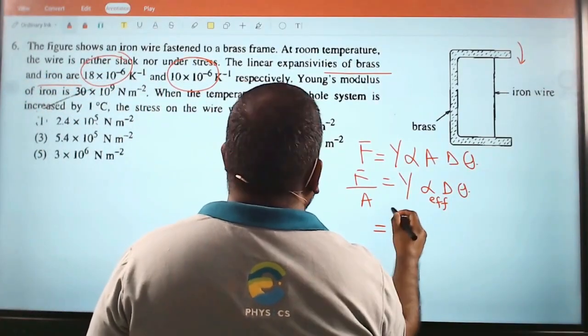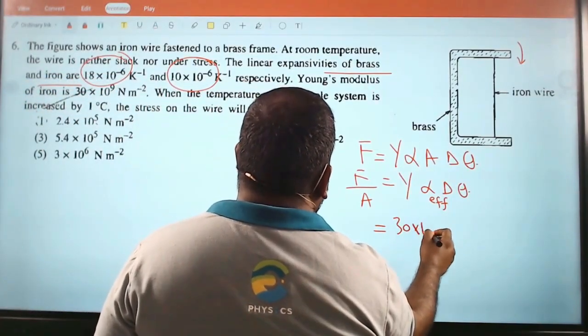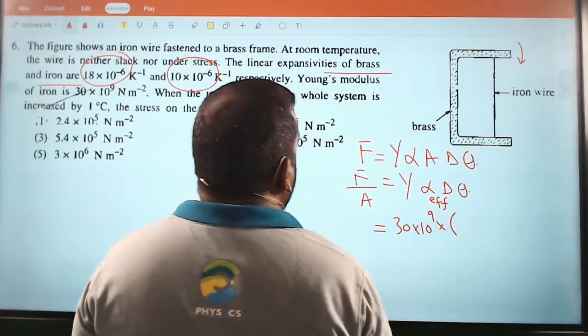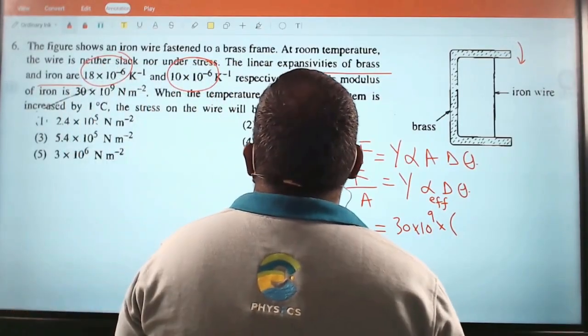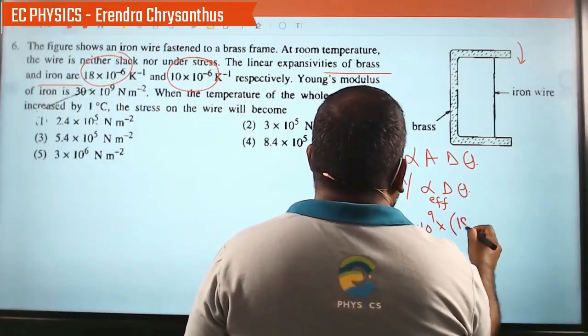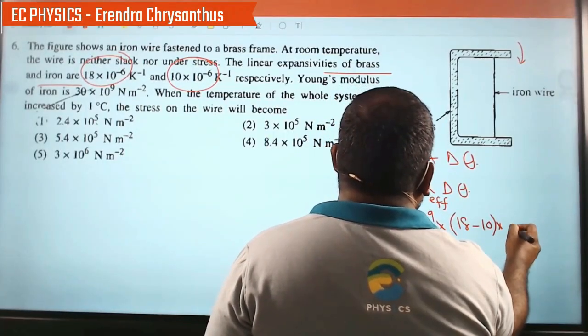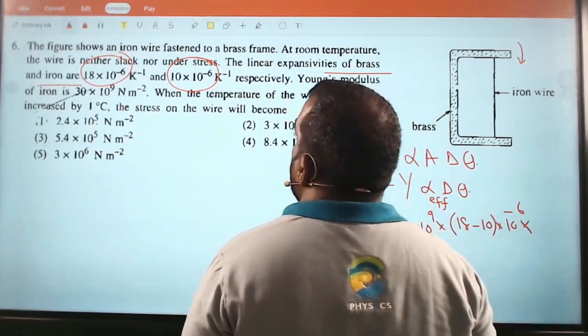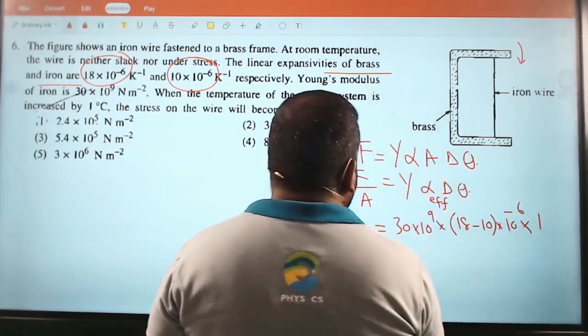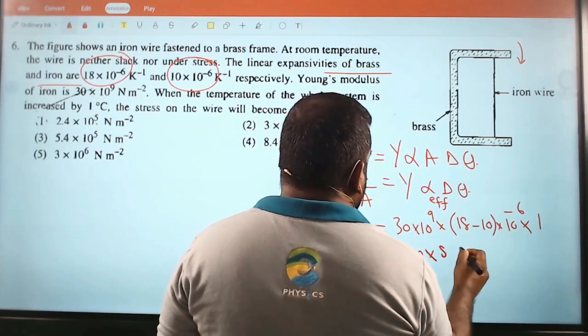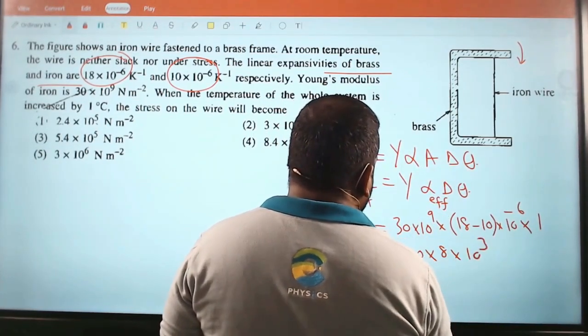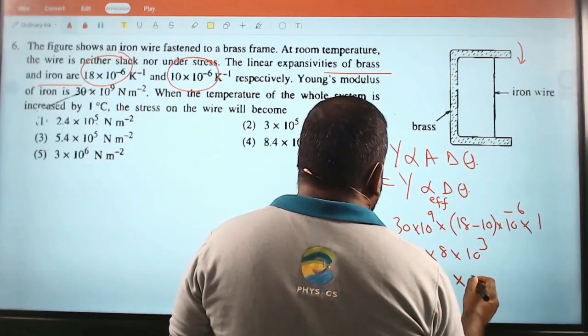Young's modulus is 3 × 10^9. Who is expanding more? Brass is expanding more. So (18 − 10) × 10^-6, change in temperature is 1 degree. 30 multiplied by 8 × 10^3 is 240 × 10^3.